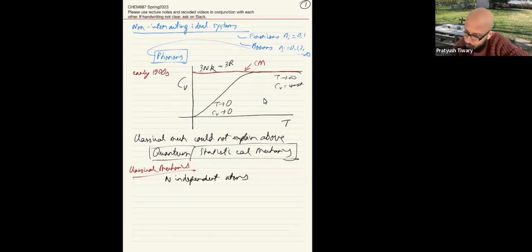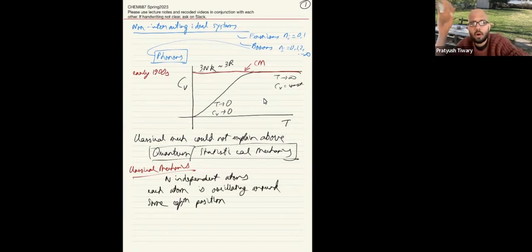and each atom is oscillating around some equilibrium position. The equilibrium position could be a result of the atoms being located in the corners of a crystal, or it could be due to them having formed some bond, but there is some equilibrium position and they are oscillating around it.